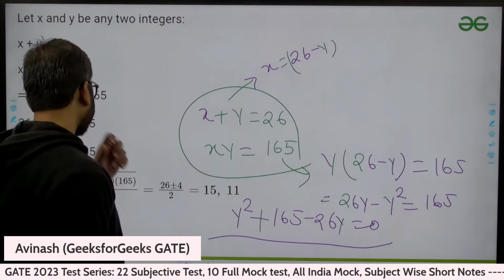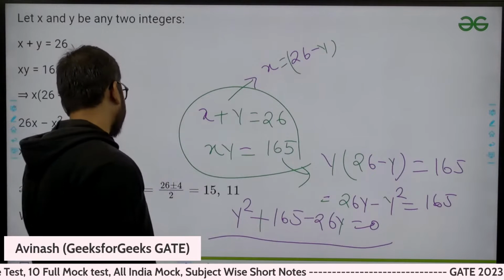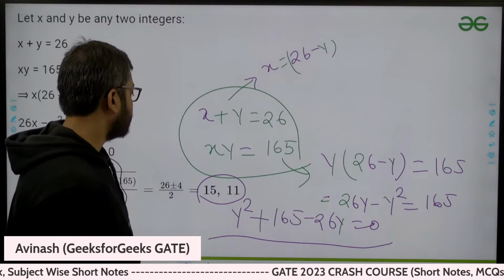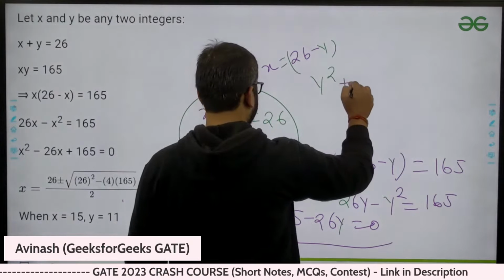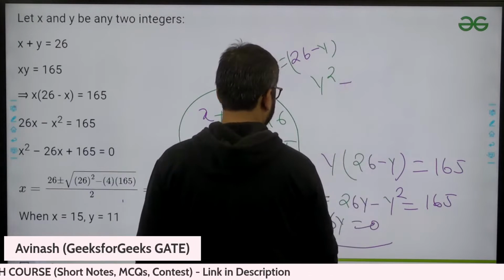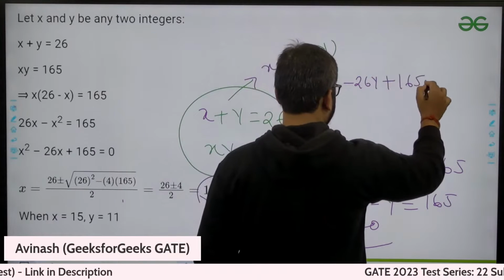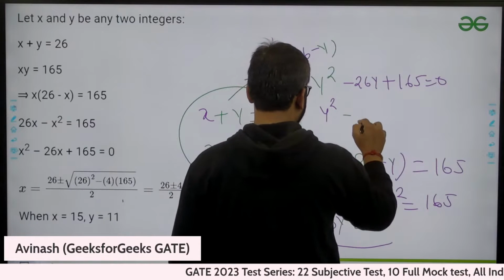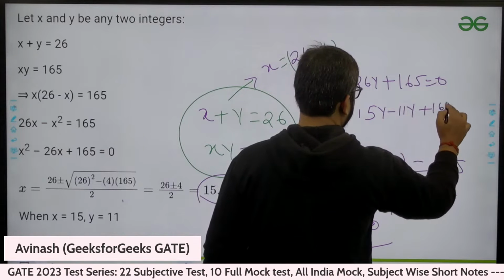I have written in the format of x, but yes, you can also go for that. So the value is coming as 15 and 11. You can also solve this: y square minus 26y plus 165 is equal to 0. y square minus 15y minus 11y plus 165.